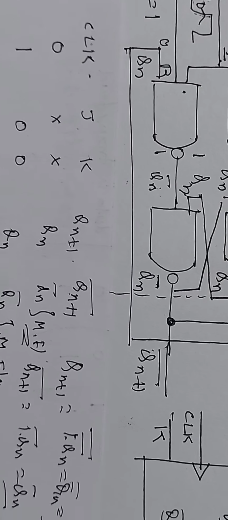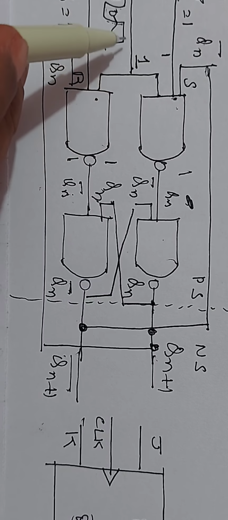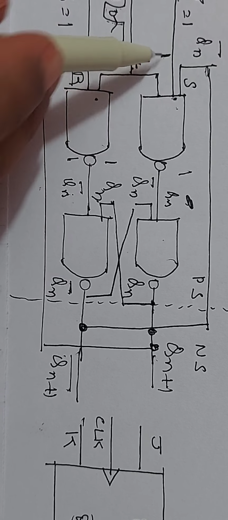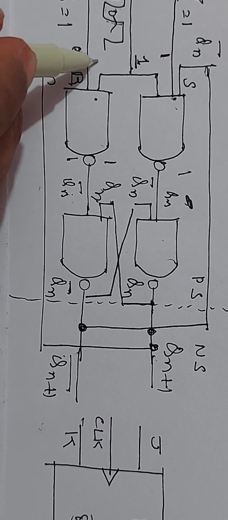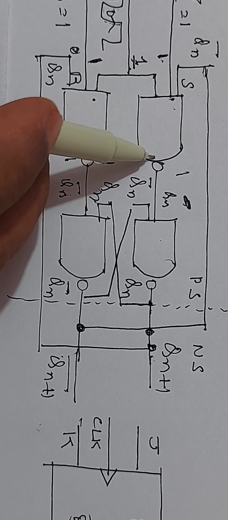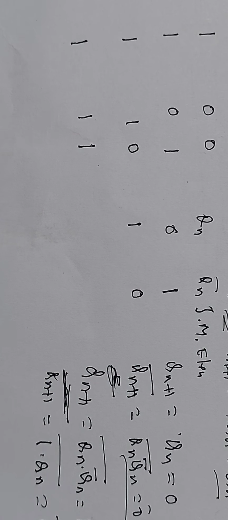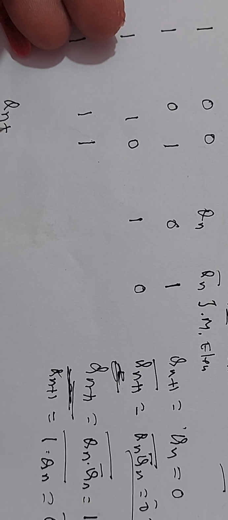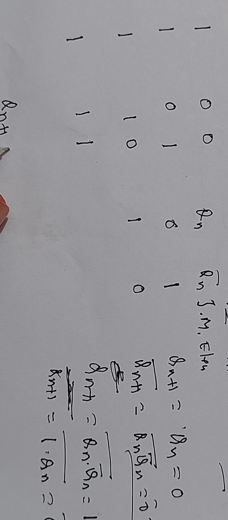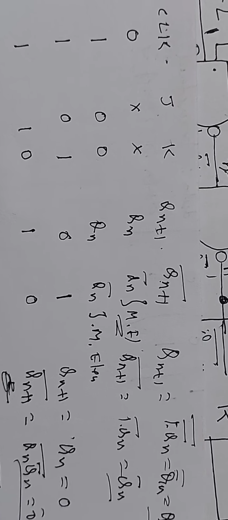Now, see here in this figure, clock pulse is 1, J equals 1, K is also equal to 1. So 1 into 1 is 1, 1 into Qn bar is Qn bar. Therefore output of this NAND gate is Qn bar whole bar. Qn plus 1, final input is how much?